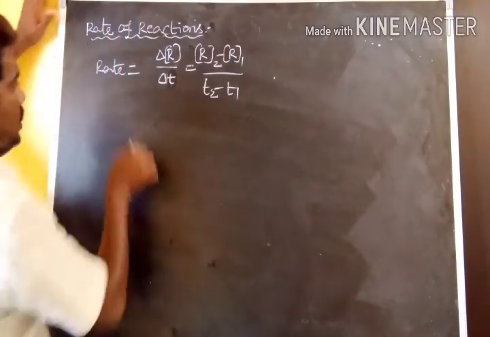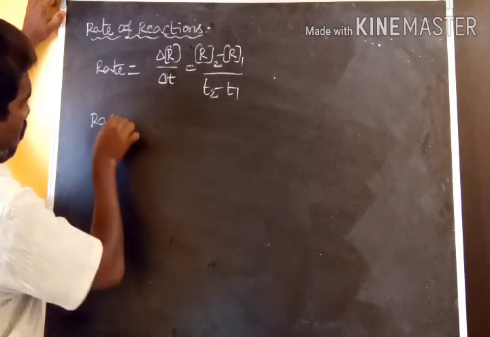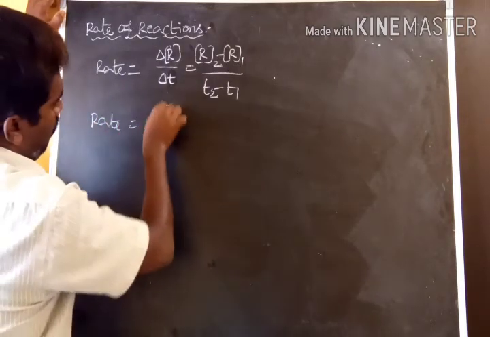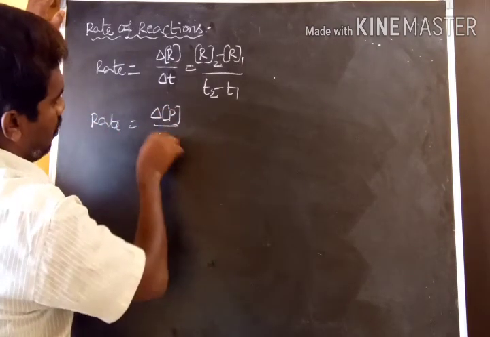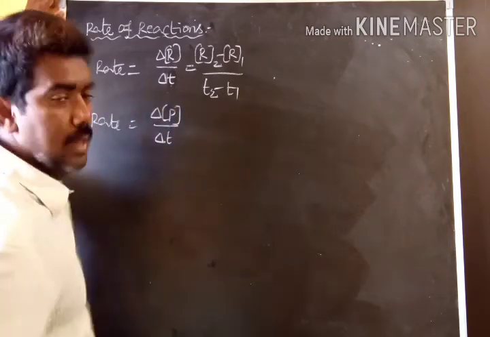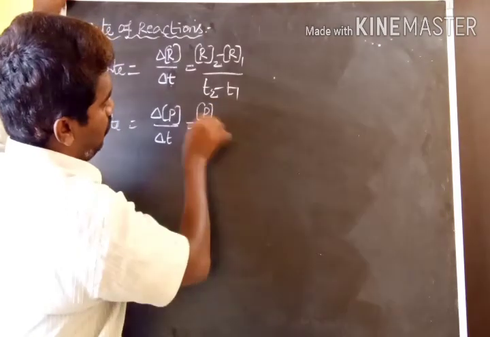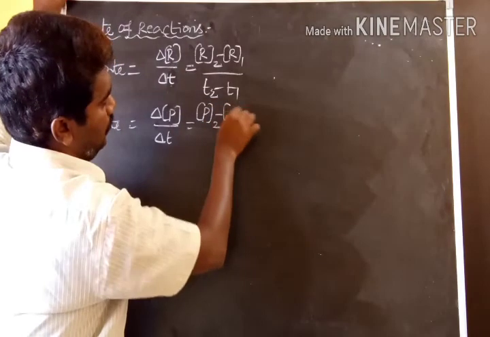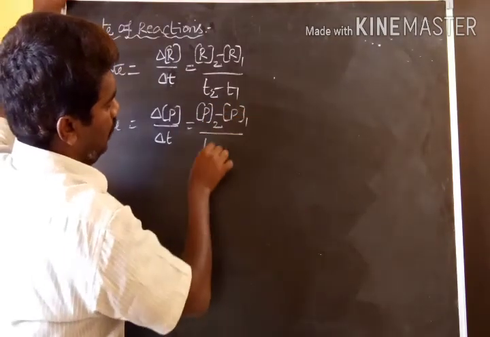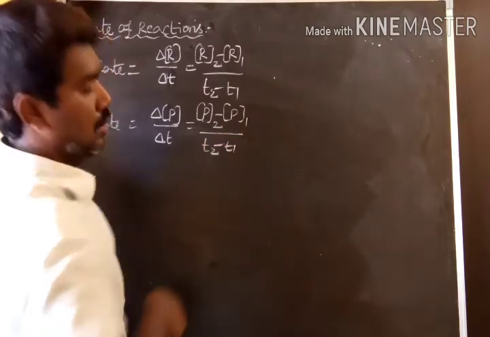Next, rate is equal to delta P by delta T. Delta P is the product concentration P2 minus P1, by T2 minus T1.